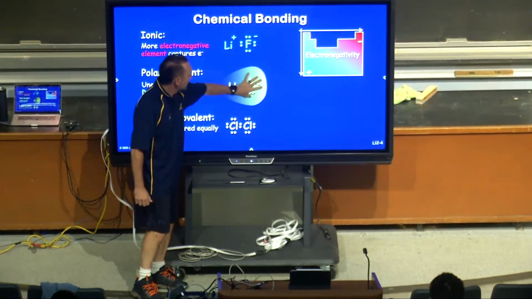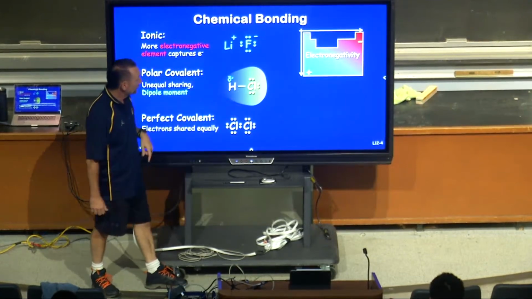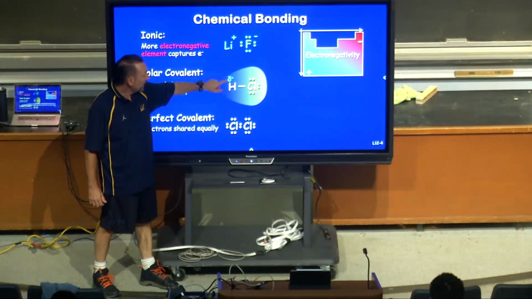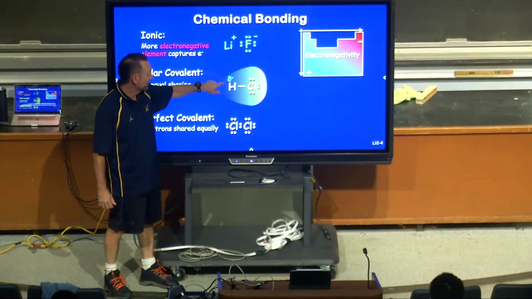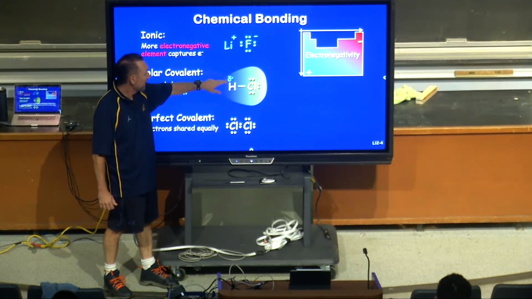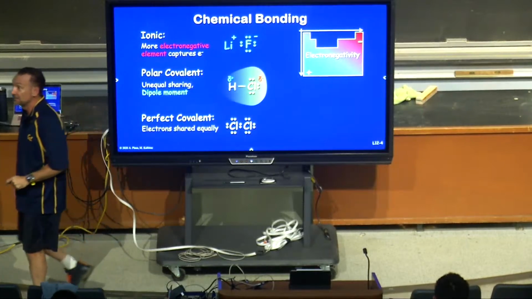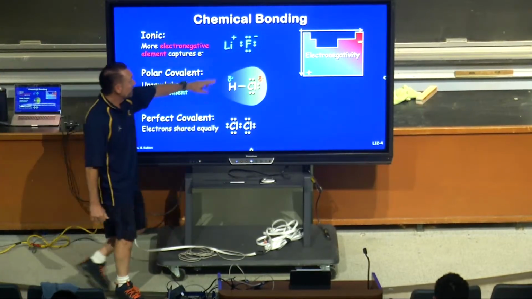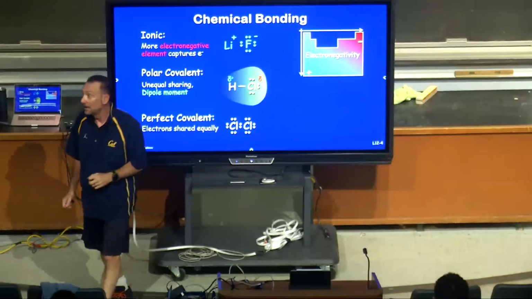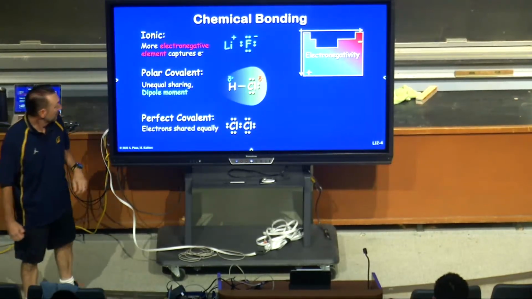That actually produces something you can detect, a little bit of positive, not a full positive charge. So we use this sign delta, a partial positive charge here, not fully +1, but bigger than 0. And here, a partially negative charge, not fully -1, but between 0 and -1.